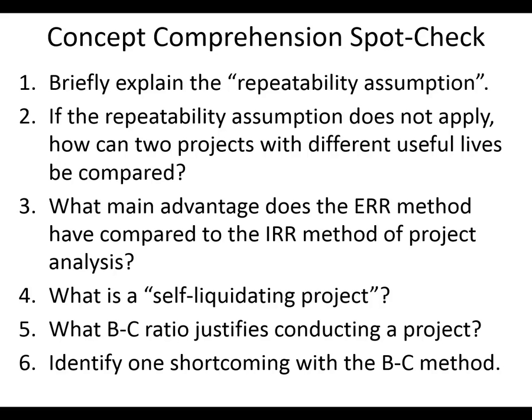Remember that the interest rate basically governs the accuracy of the analysis, and so for a public project where the government is using money that they maybe didn't borrow, you can't just use the interest rate that you borrowed the money at for this project because maybe it was tax revenue. And so knowing what interest rate to use is one of the shortcomings, is that it's really subject to manipulation.